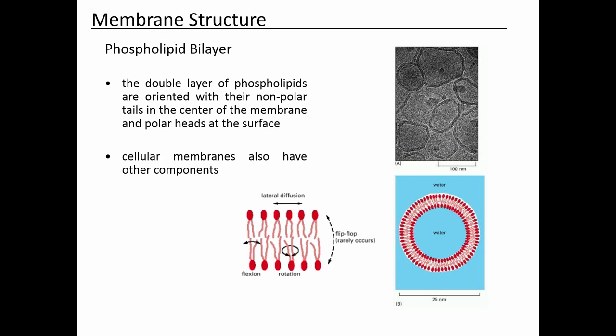The reason this happens rarely is because in order for that movement to take place, you have to bring the hydrophilic head into contact with the hydrophobic core, and those two things don't want to be in contact with each other. Whereas the other two movements we talked about do not involve any contact between the hydrophilic part and the hydrophobic part. Those types of movements happen very easily and happen often.